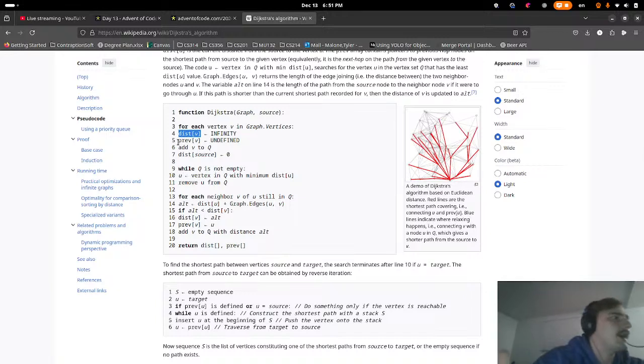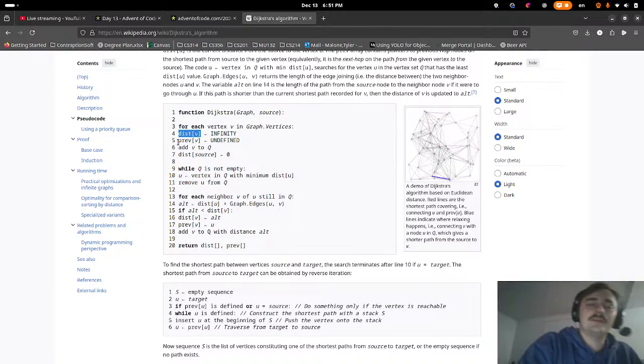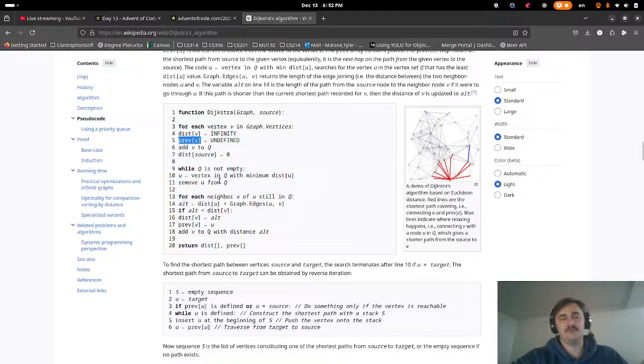And if I make the graph, the distance is going to map a vertex to the cost. Yeah, the number of tokens. Prev. This will be the actual nodes of the graph.